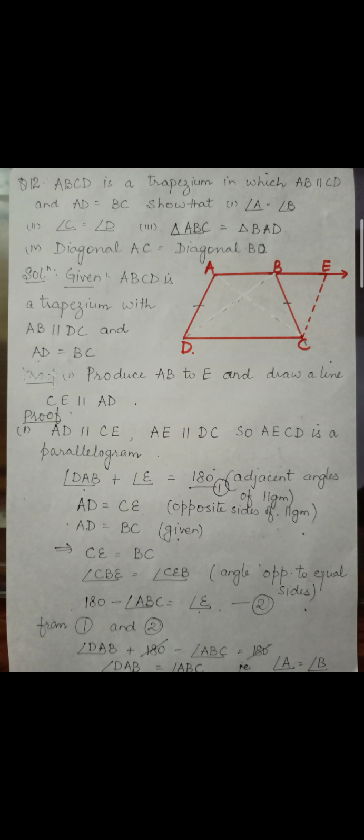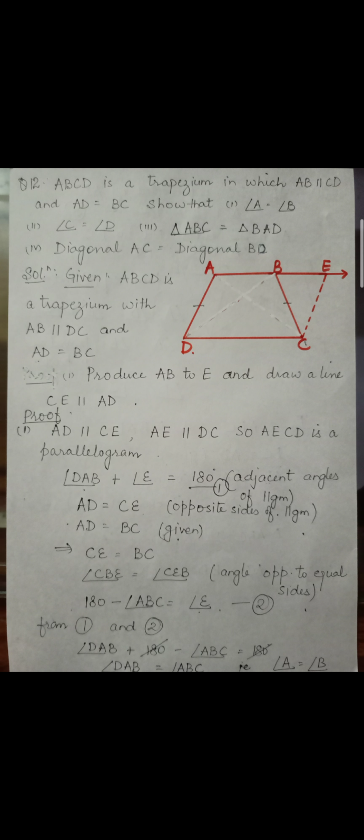Then angle CBE can be written as 180 minus ABC, linear pair axiom, and this is equal to angle E.